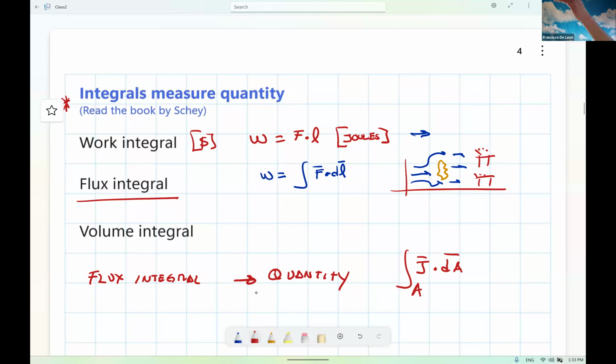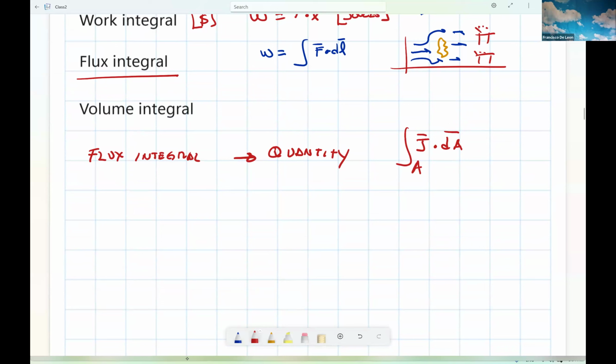If I know there was nobody inside before, I start counting the people coming to the door. I don't need to come here and count the arms and legs and then divide by 4, right? I can just count one by one as they come through the door. So the flux integral gives you the quantity, and we normally do the surface integral for this.